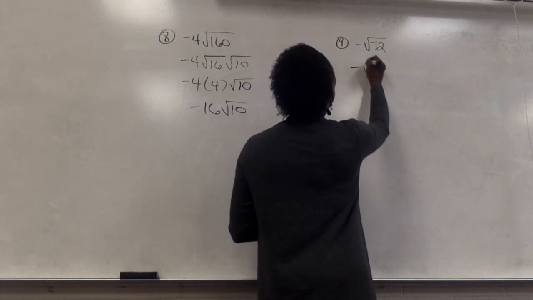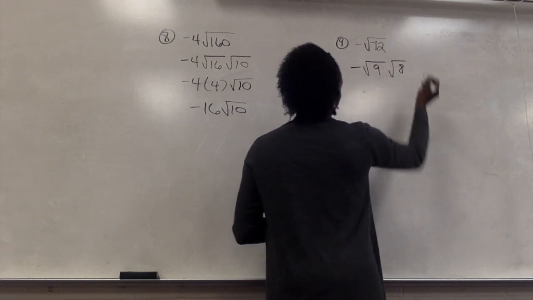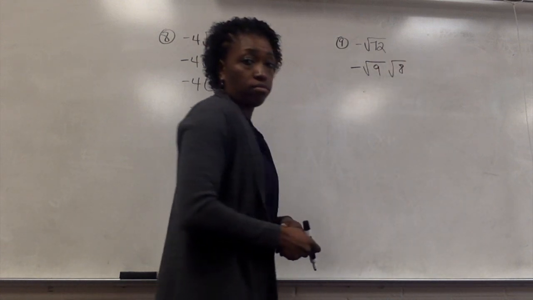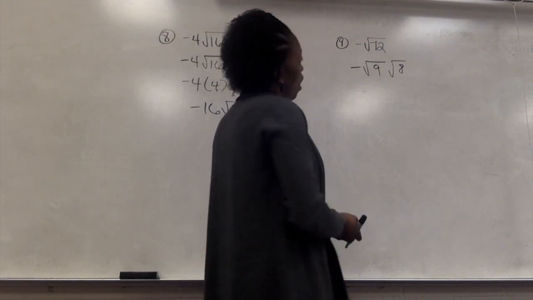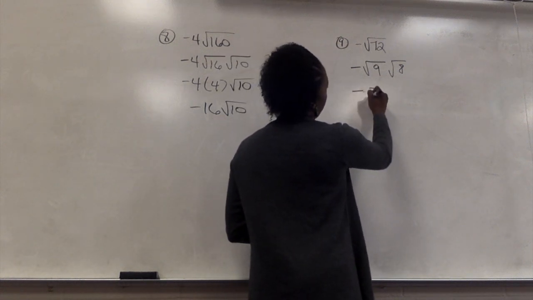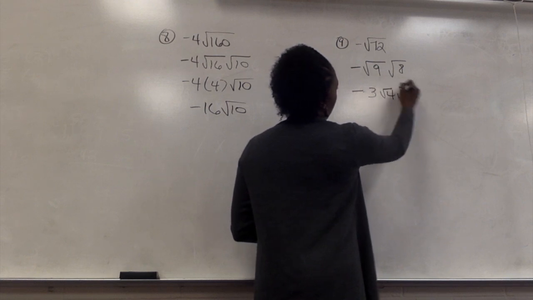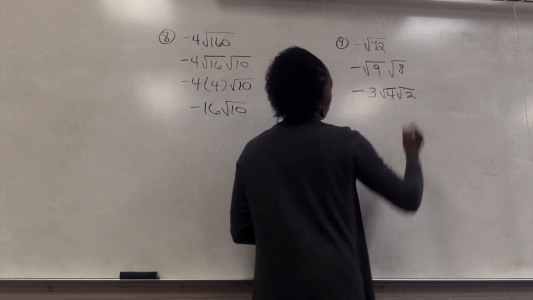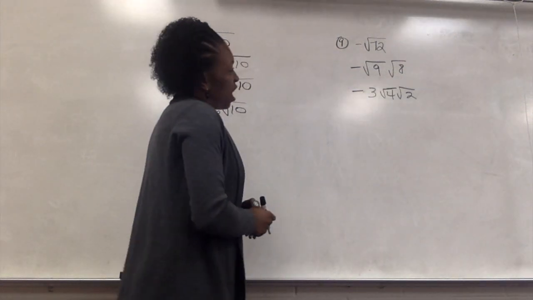So I know 9 times 8 will give me 72. I know 9 is a perfect square. Now what you want to do here is simply take the square root of 9 and get 3. Now when I break up 8, I see I have another perfect square. So sometimes you may have to go more than one time.